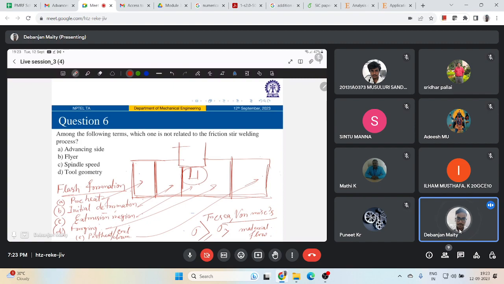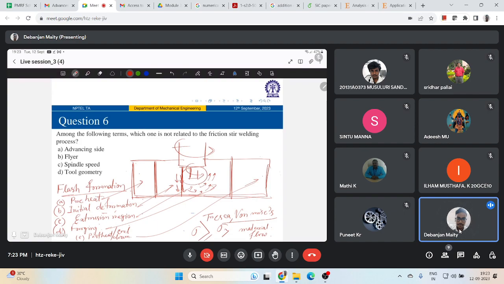Now, the material in this zone is forced both upwards into the shoulder and downwards into the extrusion zone. The tool is rotating like this, and in terms of material movement, some upward and downward motion is happening.